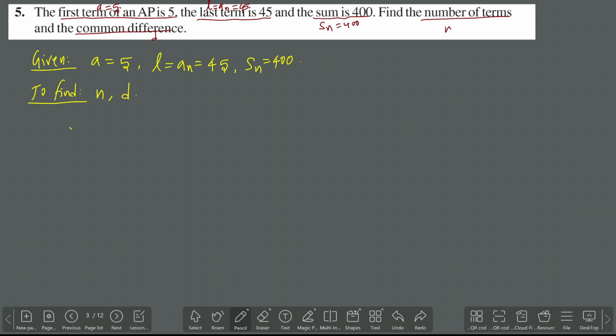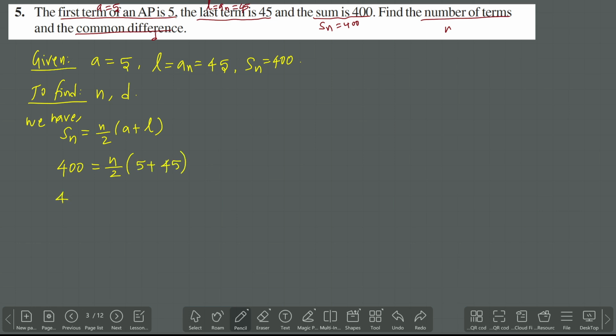So for Sn, when l is given, we can go with the a plus l formula. So we have this formula: Sn, the 400, equals n by 2 times (a value 5 plus l value 45).